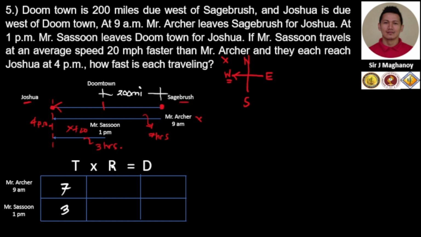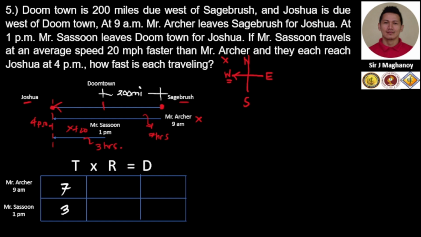So for the rate of change, if we let the rate of change of Mr. Archer be x, therefore Mr. Sassoon is x plus 20, since he left later and maintained a speed of 20 miles per hour faster than Mr. Archer.